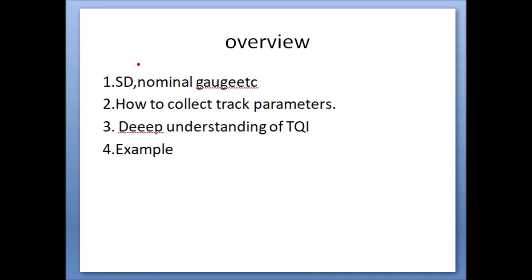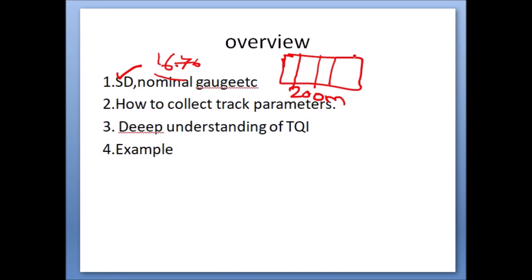Overall, what we have seen: in part 1 we saw the basic things, SD, what SD is and how to calculate it. Nominal gauge means 1676 gauge. We also saw what mean gauge is. Suppose you have a block of 200 meters, and the TRC records gauge at each and every location.